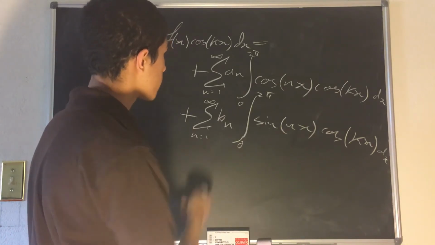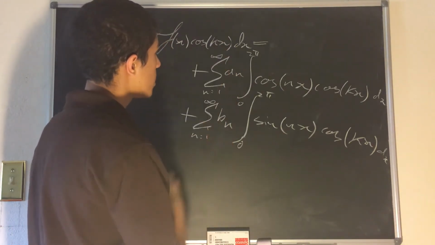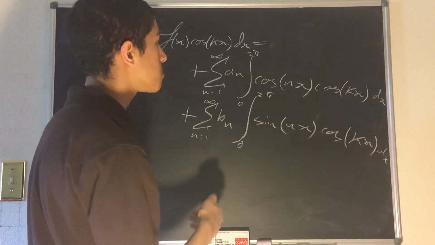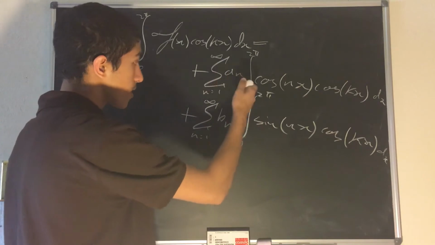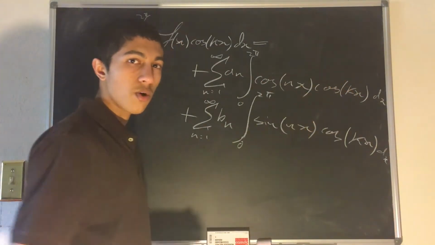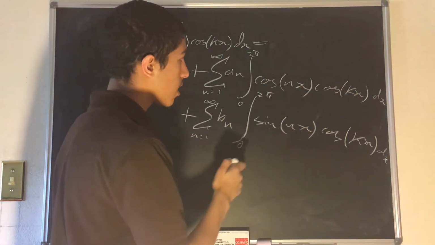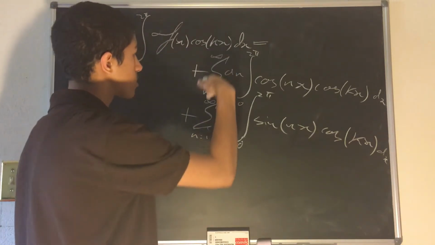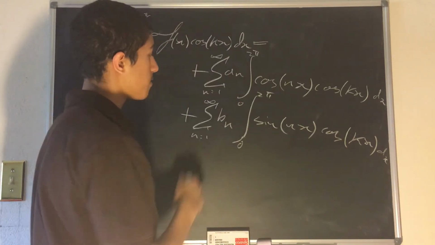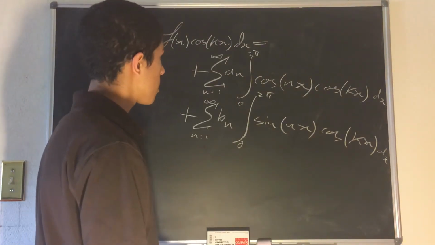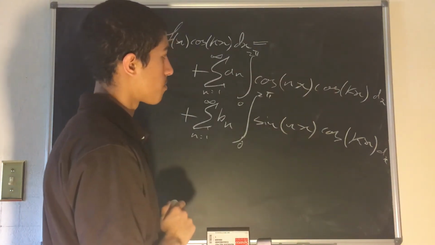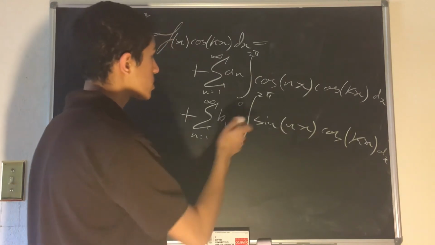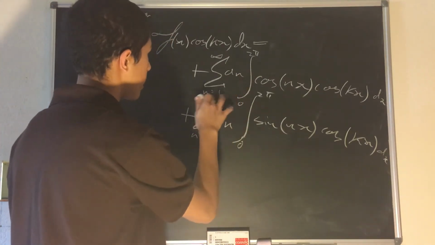So then we have the infinite sum from n equals 1 to infinity of a sub n times pi for when k is equal to n. Well, if this integral evaluates to 0 everywhere except n is equal to k, then all these other terms between 1 and infinity where n is not equal to k are going to evaluate to 0, or at least the product is going to evaluate to 0. So then the only term that really does matter is when n is equal to k.